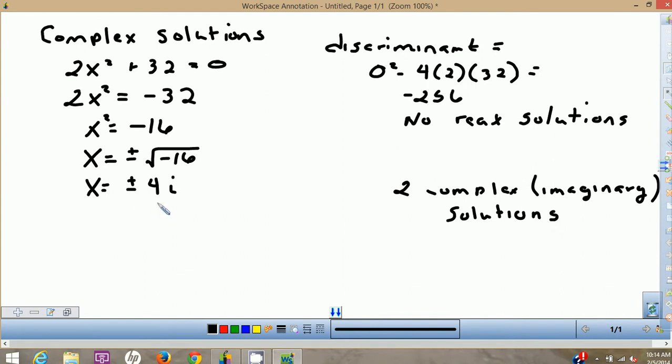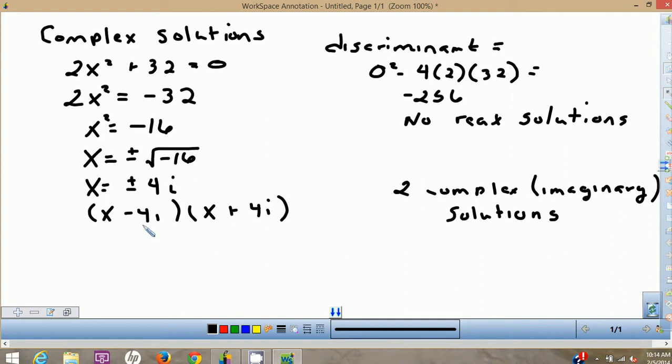Notice also that we have two solutions. We have a plus 4i and a minus 4i. My factors here would be x minus 4i and x plus 4i if I wanted to write that in factored form. Those two solutions don't give us an x-intercept, but they also always occur in pairs.